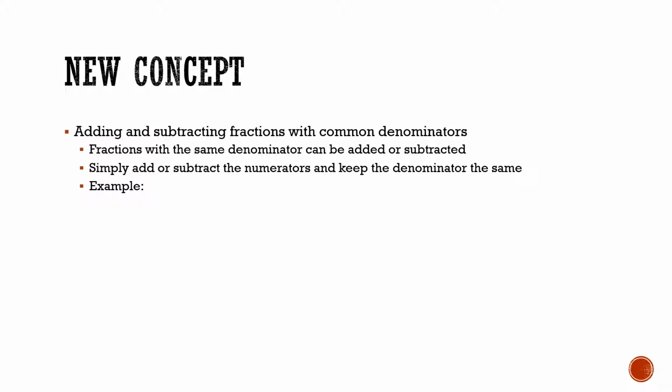An example would be 7/15 plus 4/15 equals, we just keep the same denominator and add the numerators, and we're left with 11/15 at the end.